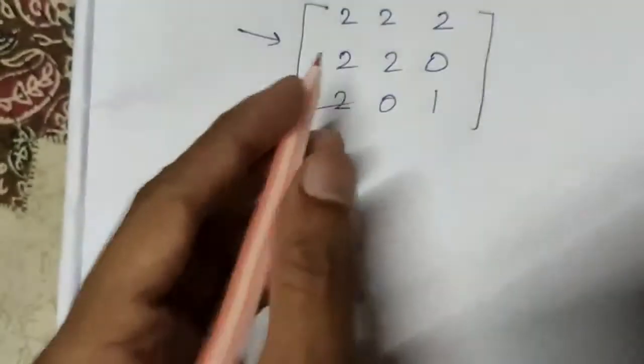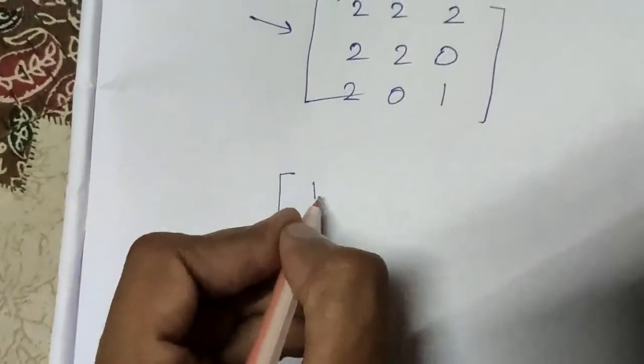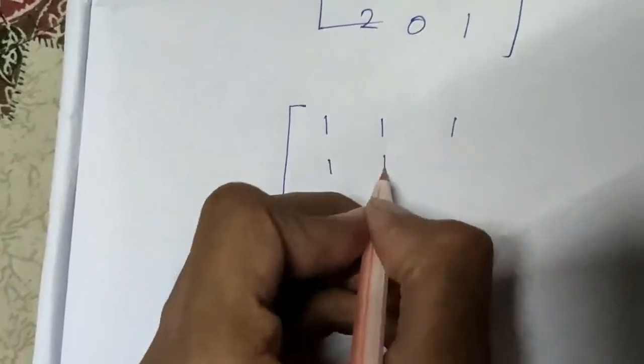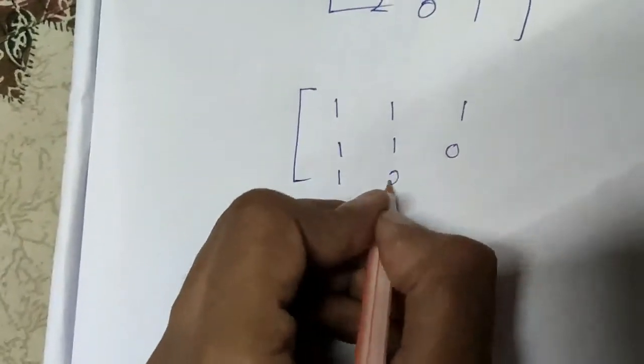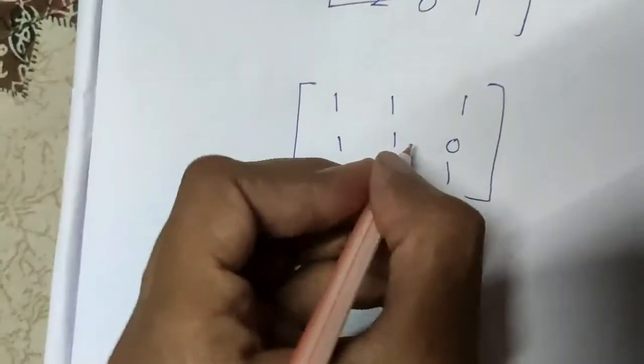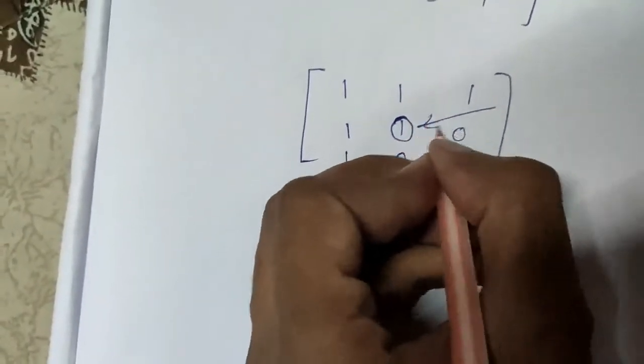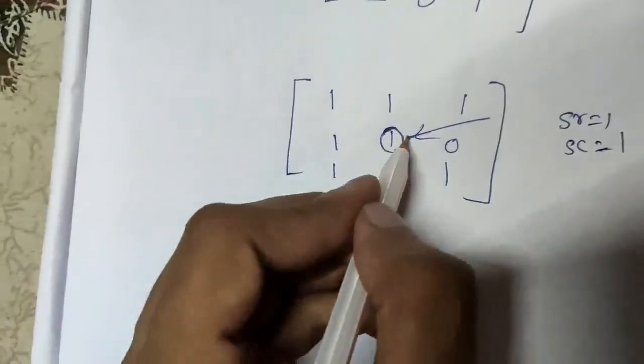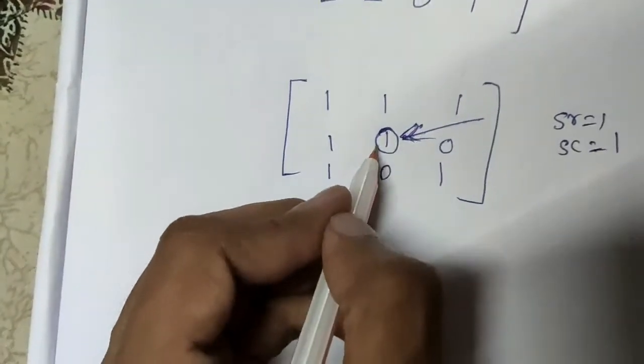Suppose our array is something like 1 1 1, 1 1 0 and 1 0 1, and we have been given some value of SR and SC: SR equals 1 and SC equals 1. So what we will do is create one function.